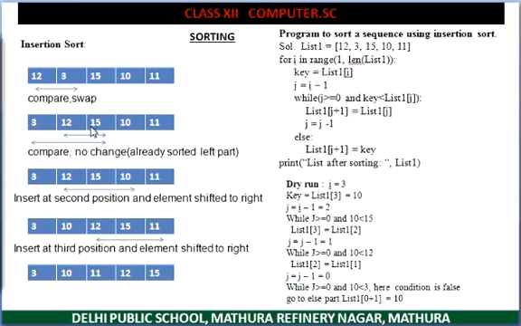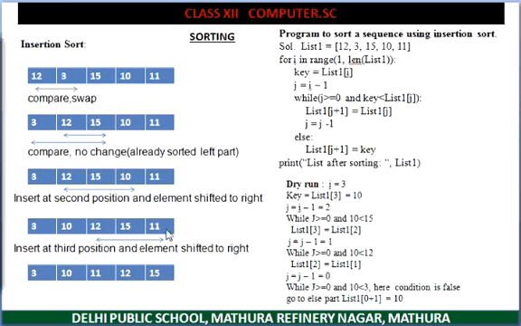Now check 15. 15 is already in ascending order, so all the 3 elements are sorted here. Now 10. Insert 10 at the appropriate position, meaning the second position, and shift the elements 12 and 15 to the right side. So it becomes 3, 10, 12, 15. All the 4 elements are in sorted position.